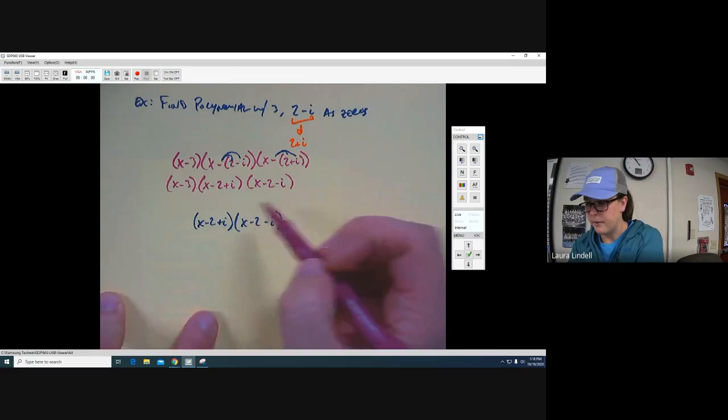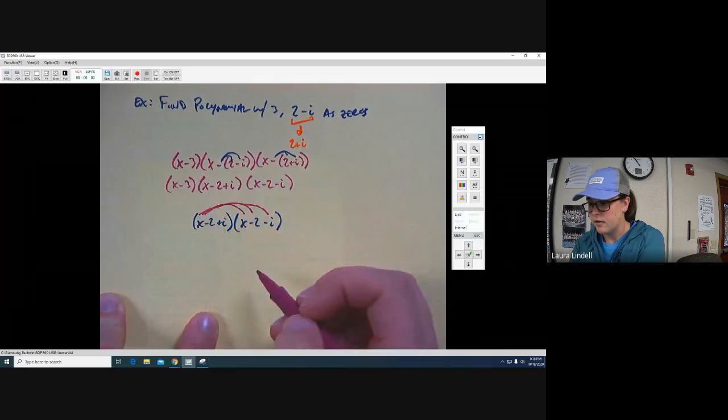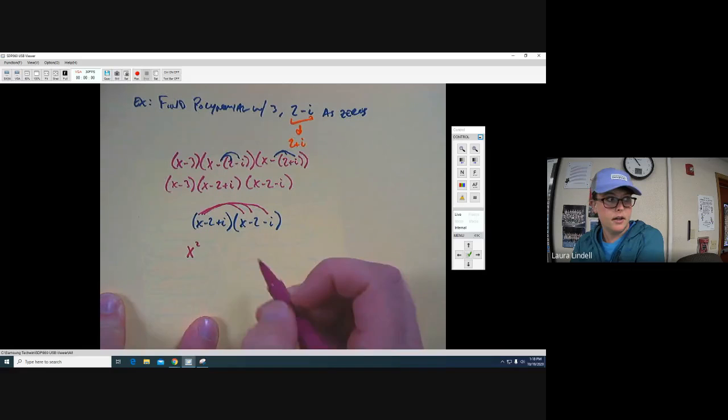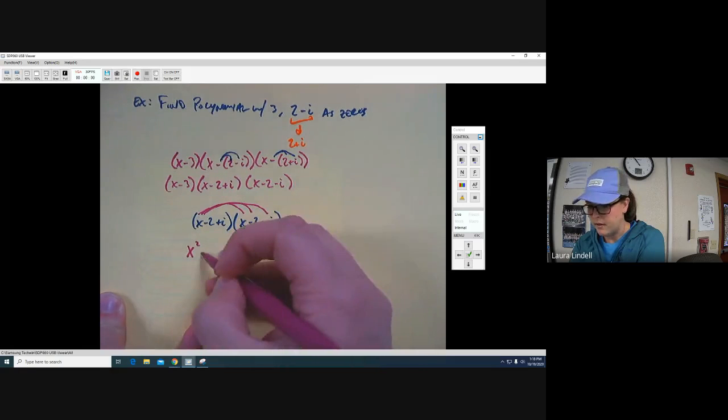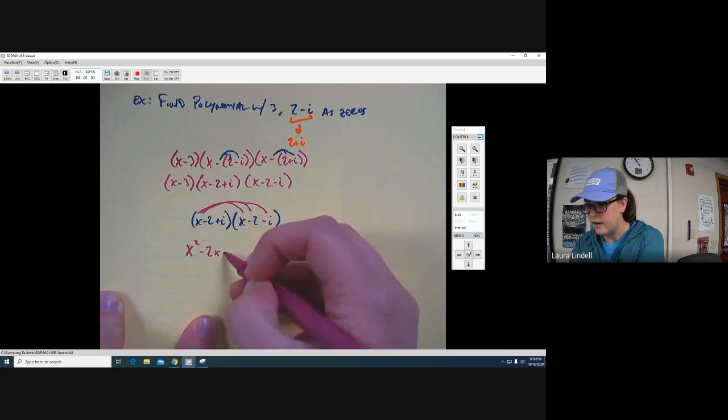First I'll distribute the x to all the other terms. So we get x times x is x squared. x times negative 2 is minus 2x. x times negative i is negative xi.